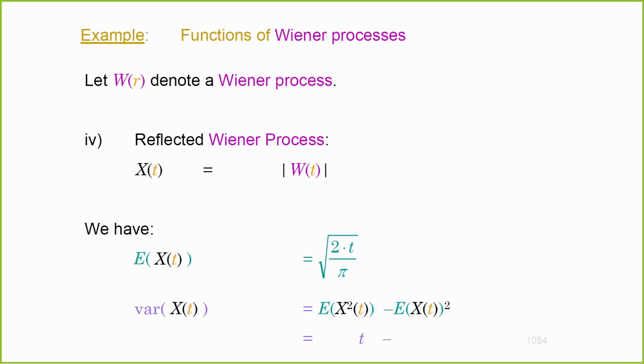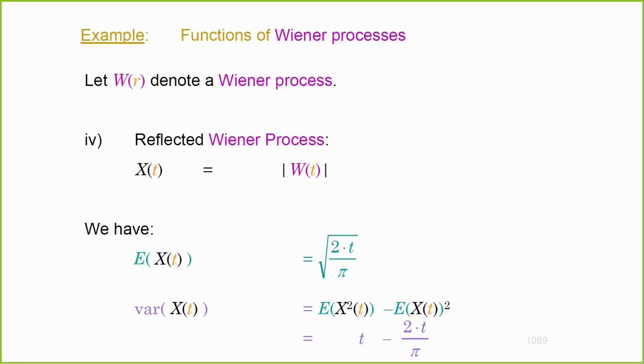Now the expectation of the Wiener process is 0, but the expectation of the absolute value is not, where you would have the square root of 2 times t by pi, and if you square that, you simply get rid of these square roots, so that it would be 2 times t by pi, and that's pretty much it.